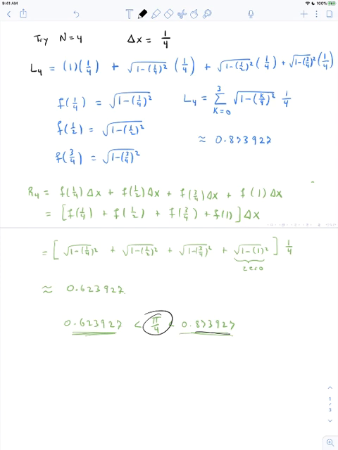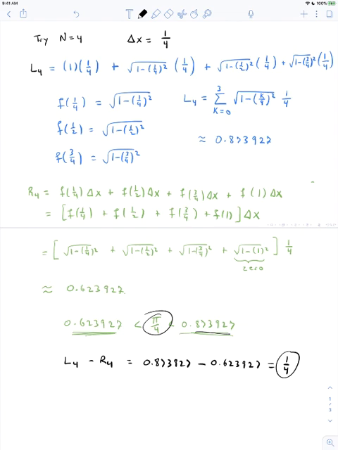And we know what the distance between those two is, so if we do L4 minus R4, that's 0.873927 minus 0.623927, this is just 1/4. So that means either one of these estimates is within 0.25 of the actual value of pi over 4.